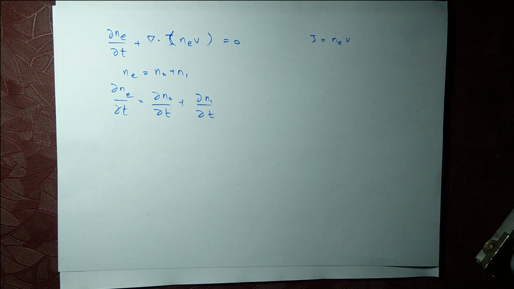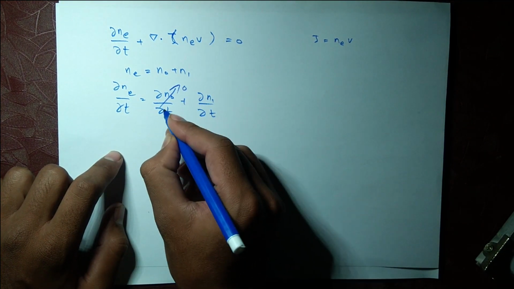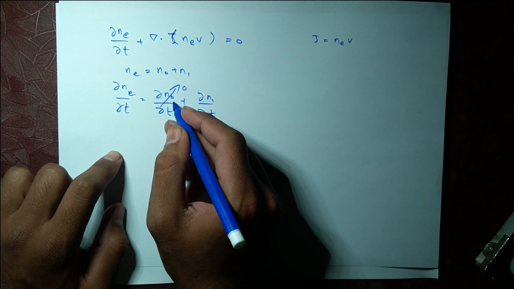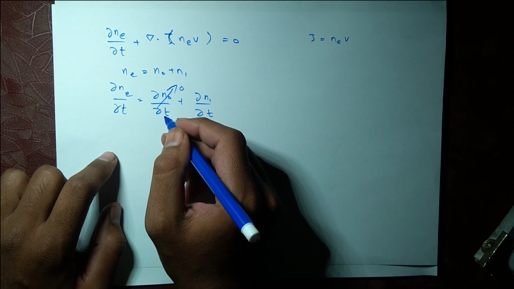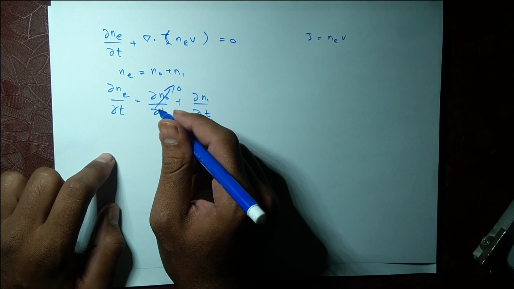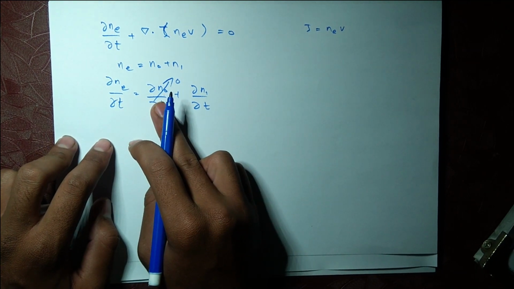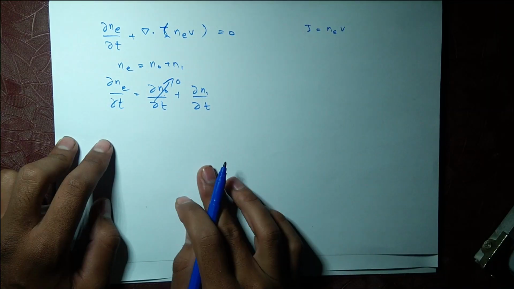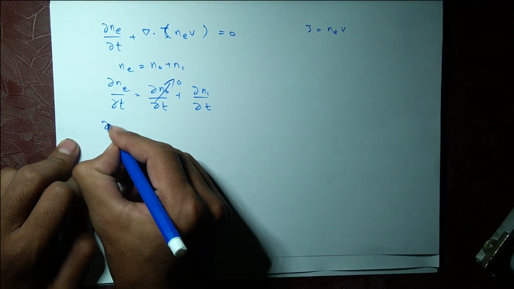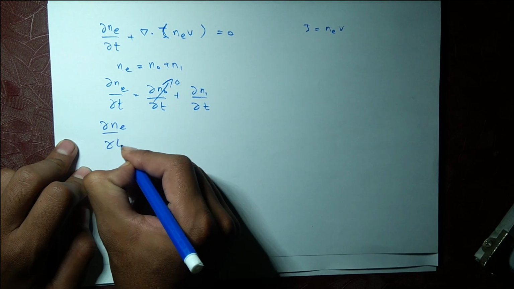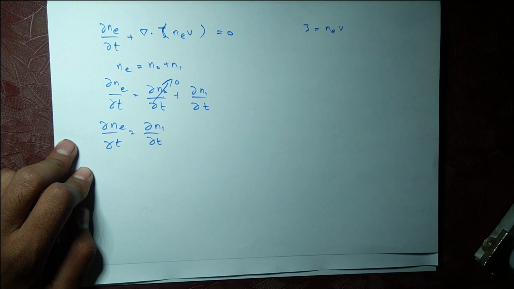This term goes to 0 because n naught is at equilibrium, and at equilibrium it is not changing with respect to time. So from this we can conclude that partial Ne over partial t equals partial n1 over partial t.